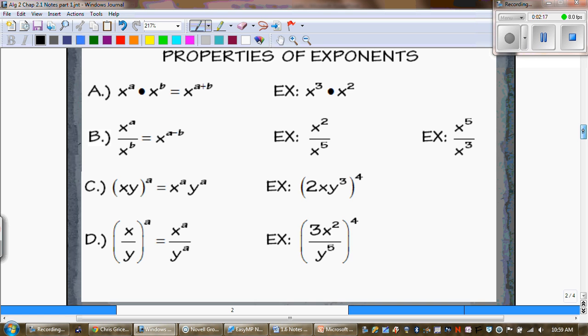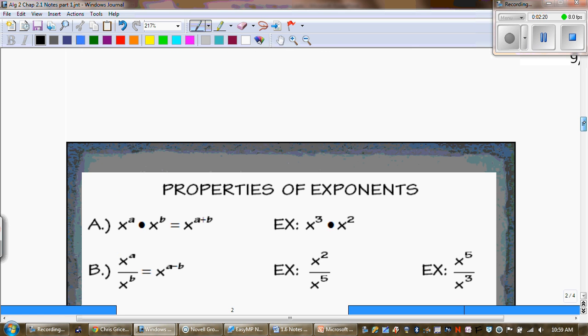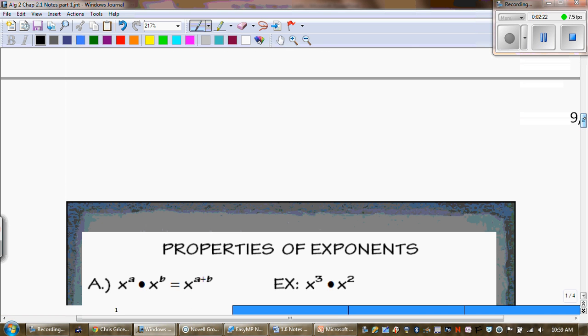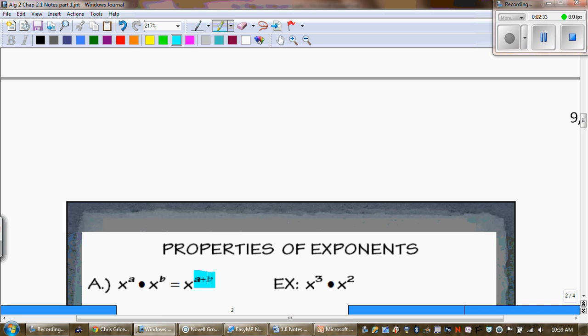Now, we have all of our properties of exponents, but let's look at these one at a time. Okay? Now, when we have the same variable and they are multiplying, what you do is you add the exponents, okay? And the reason for that is, well, if we were to write this out in expanded form, x to the 3, we'd have 1, 2, 3.